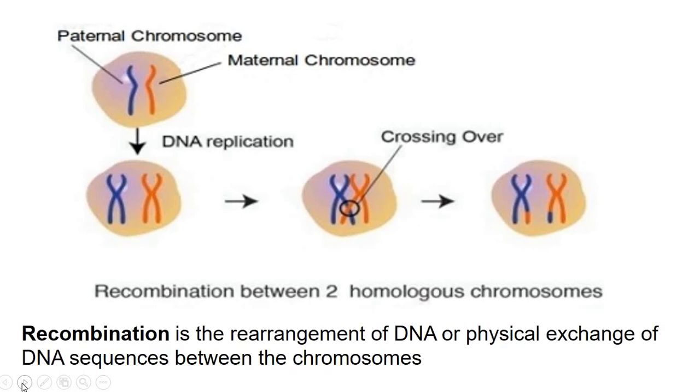So what is recombination? Recombination is the rearrangement of DNA or physical exchange of DNA sequence between chromosomes. Chromosomes of the same organism can rearrange the DNA by crossing over or moving parts of DNA from one chromosome to another, homologous chromosomes, not any other chromosome.